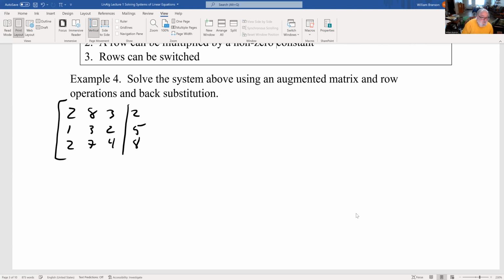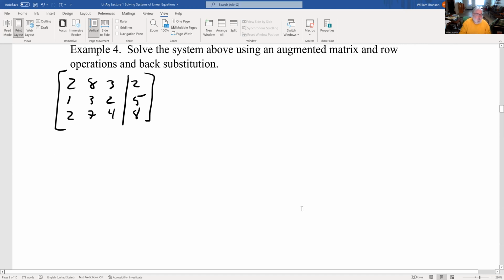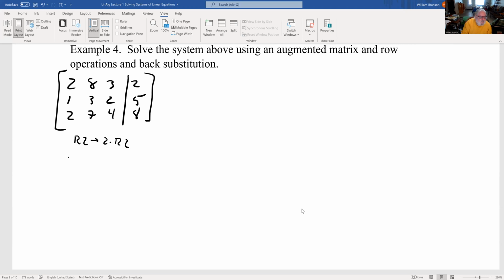So there's our augmented matrix. We'll basically do the same thing we did with the reduction, but just with this matrix. Row 2, we will multiply it by 2. That gives me 2, 8, 3, 2, 2, 6, 4, 10, 2, 7, 4, 8.